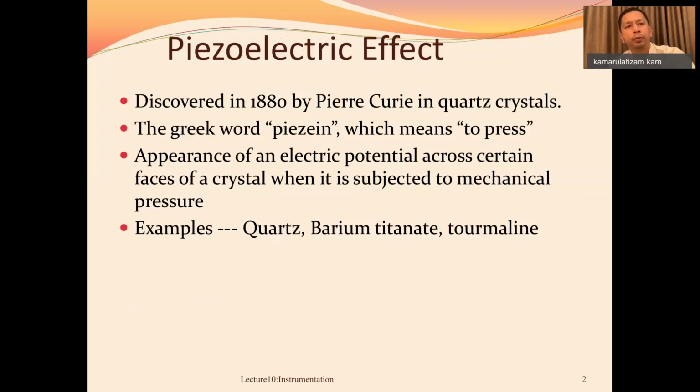The best examples of piezo material are quartz, barium titanate, and tourmaline. These are the most popular and common materials that produce electricity when they are under mechanical pressure.